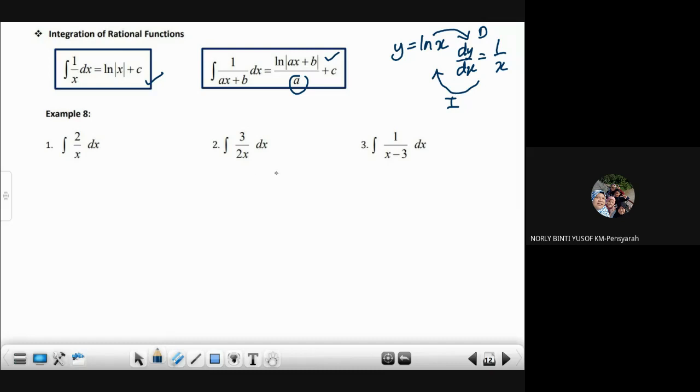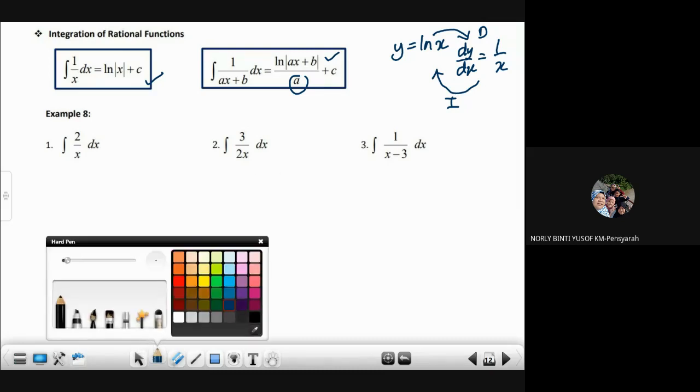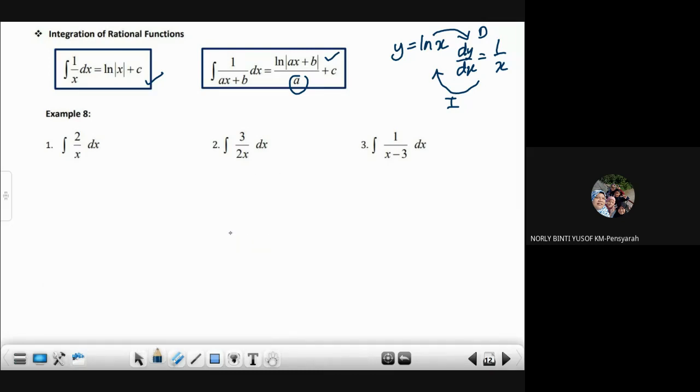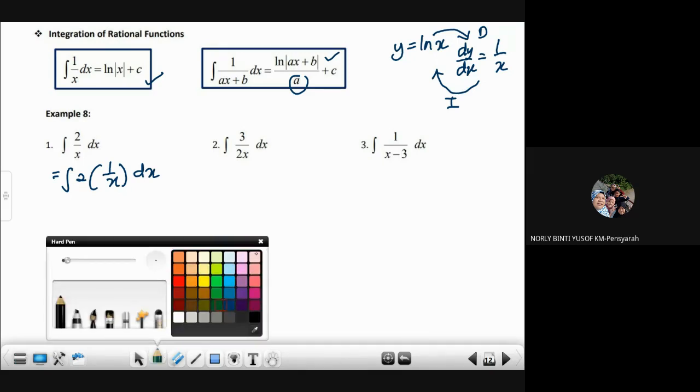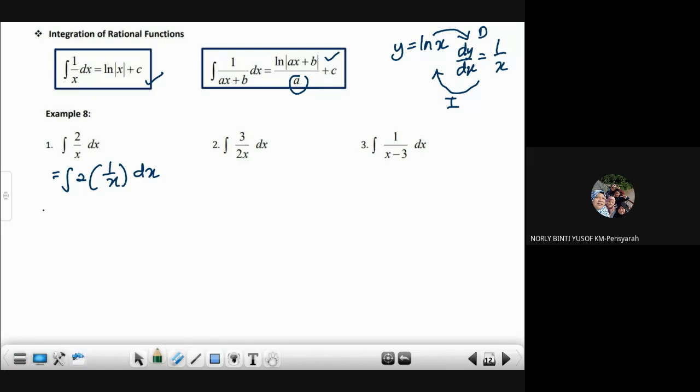Ini semua reciprocal. So reciprocal kalau ini 1 per x. Kalau tak nampak, then buat macam ni, 2, 1 over x dx. Kalau you nampak as reciprocal 1 over x tu, 2 tu constant, okay, teruskanlah. Kalau tak nampak, then separate like this. So 2 tu constant, letak je 2.